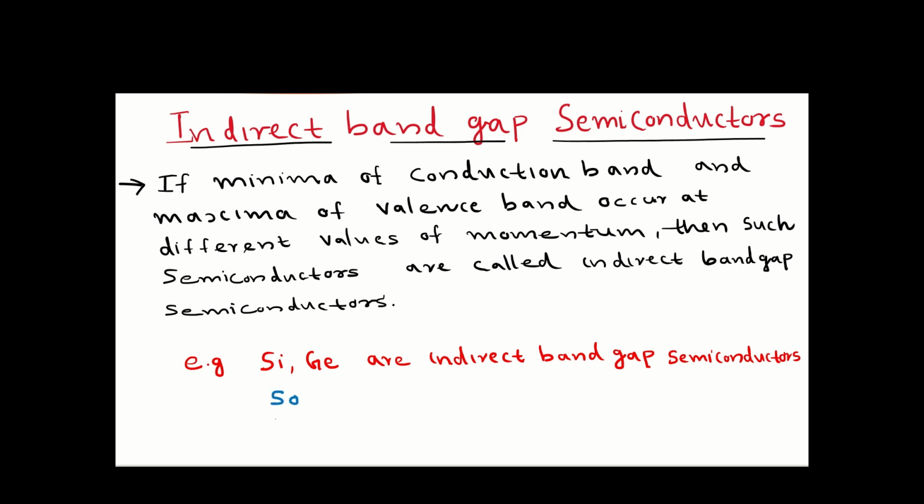So silicon and germanium cannot be used for the fabrication of light emitting diodes. I have already stated that direct band gap semiconductors are used for the fabrication of LEDs.